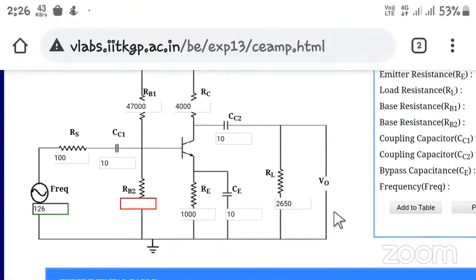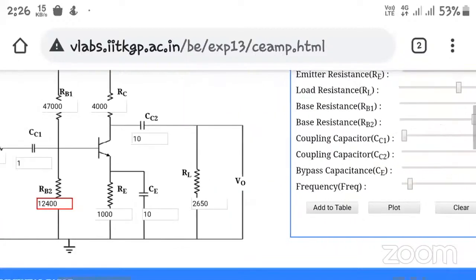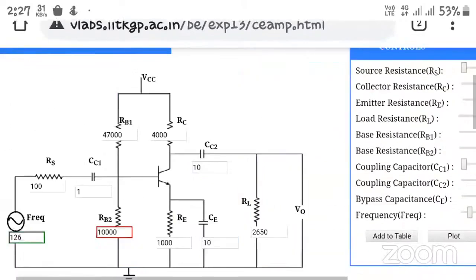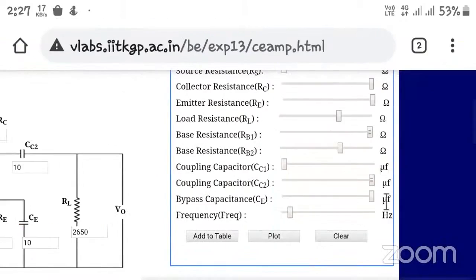the base resistance, 10,000. The capacitor is 10 microfarad, this one is also 10 microfarad.